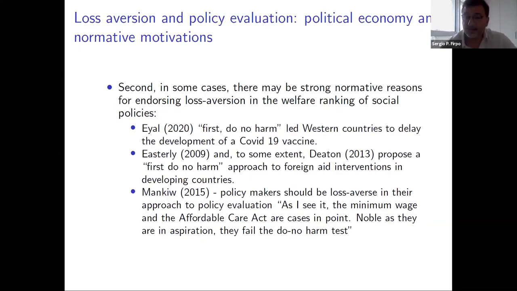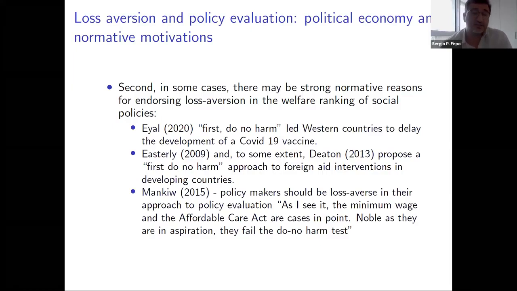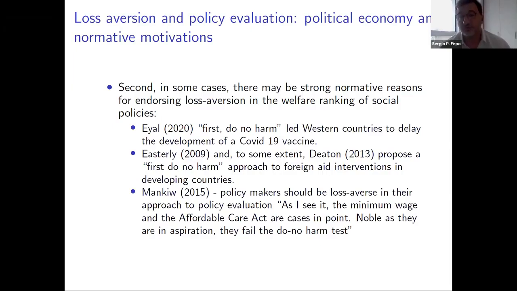We can also think that this is, in a sense, basically just endorsing some normative reasons, and not necessarily something that comes from the individual component. Let's say society has basically agreed that we should do no harm to anyone, right? So if I develop a vaccine, for example, I would only provide those that do no harm.